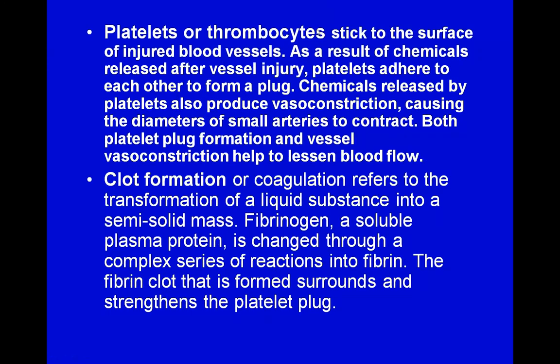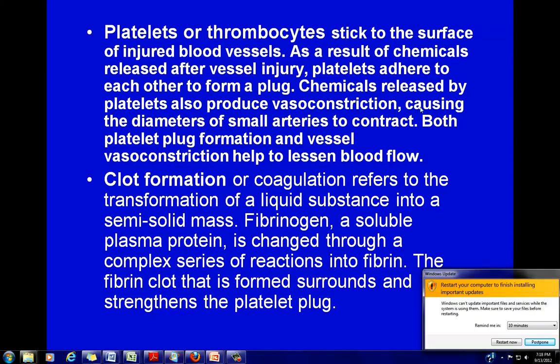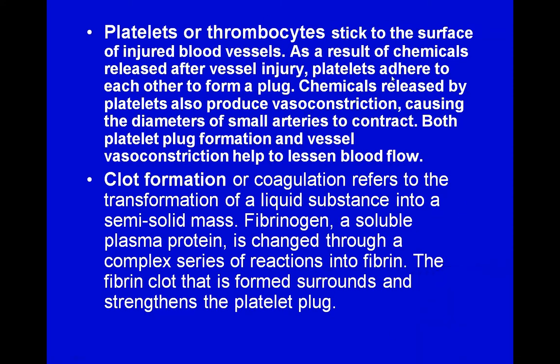Then platelets come in, and the medical name for platelets is thrombocytes. Thrombocytes then would form a plug. As they form the platelet plug, then things like fibrinogen and fibrin come in to strengthen that platelet plug and form a more stable clot.